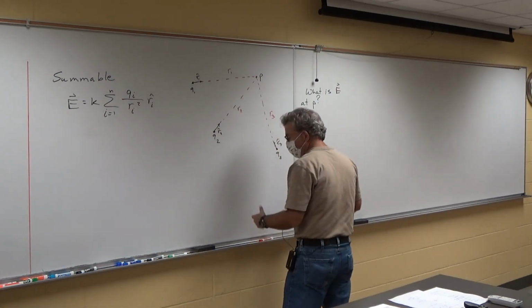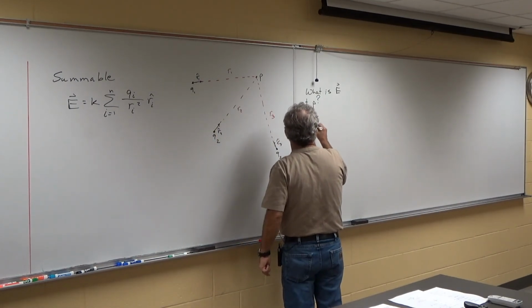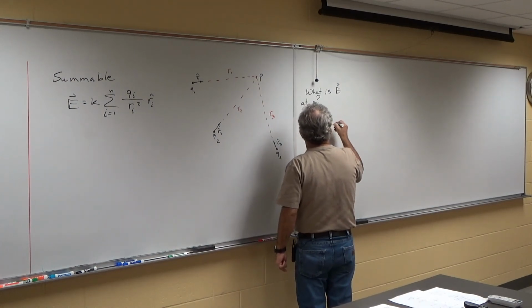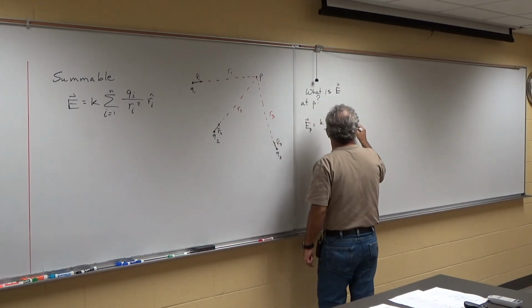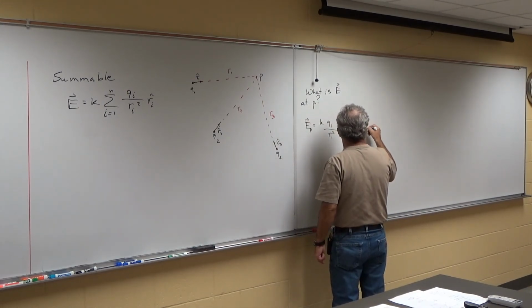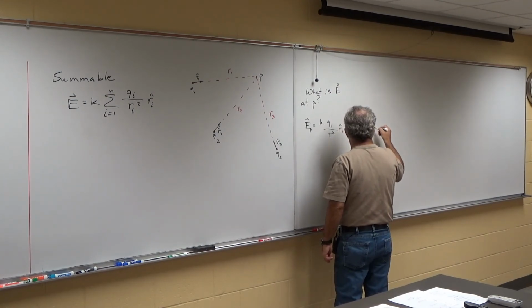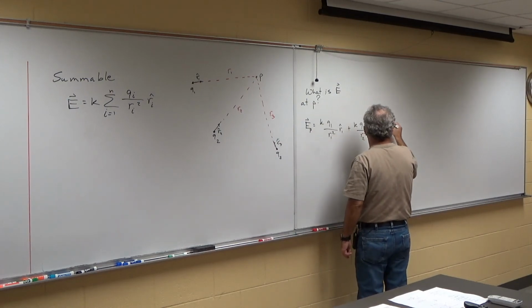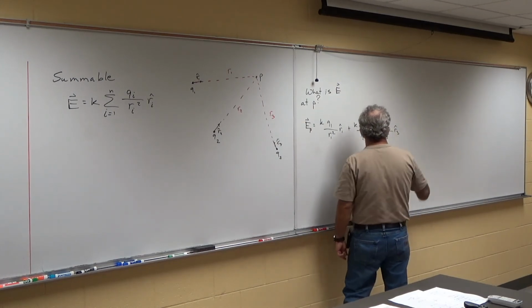Let's add them up. So you just add them up. E at P is equal to K Q1 over R1 squared R1 hat plus K Q2 over R2 squared R2 hat plus K Q3 over R3 squared R3 hat.